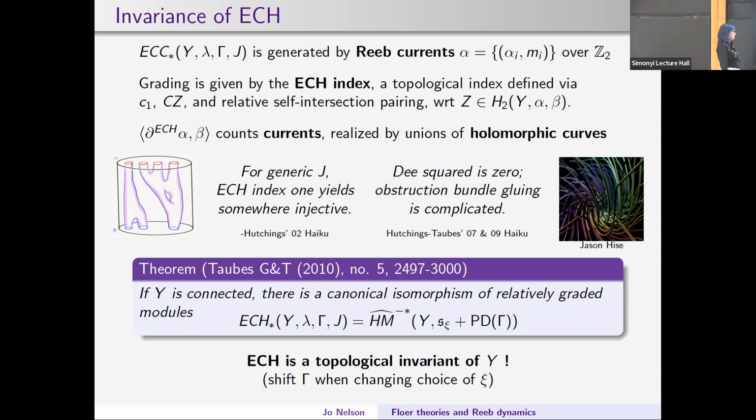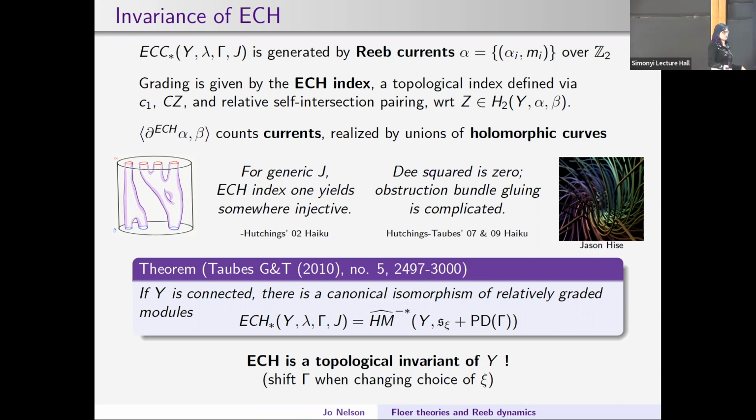And then the other nice thing about this isomorphism is that you don't need to use virtual fundamental cycle techniques in order to establish invariants of embedded contact homology.